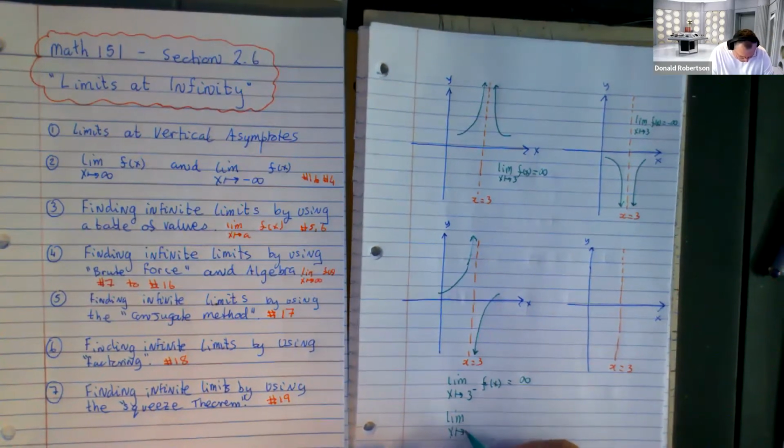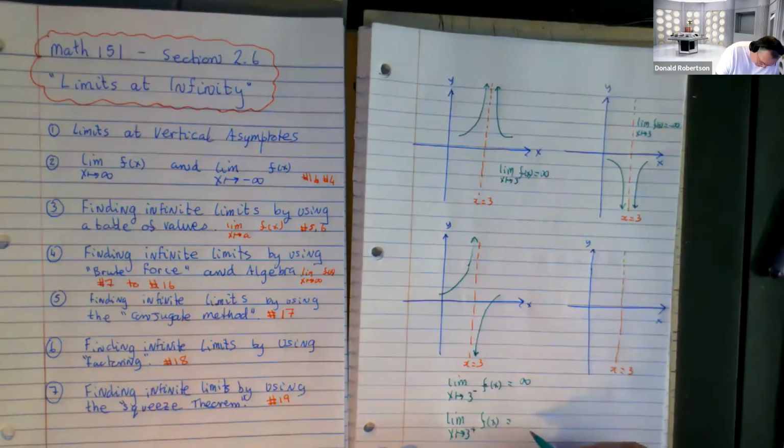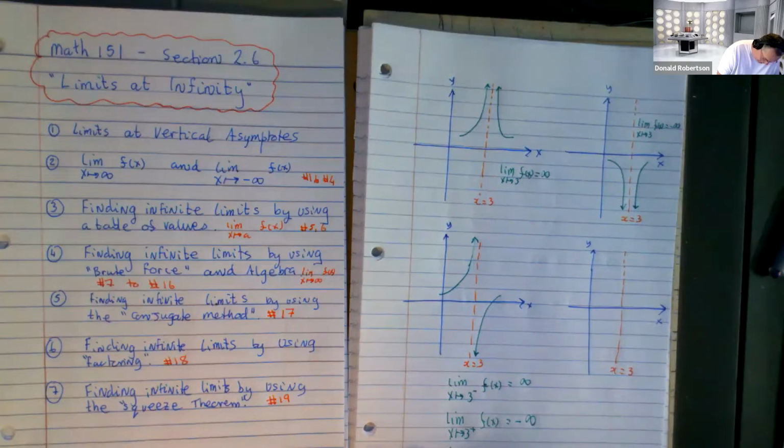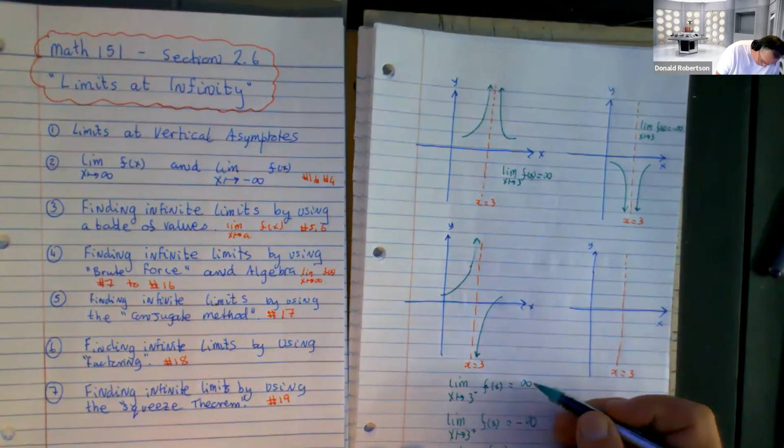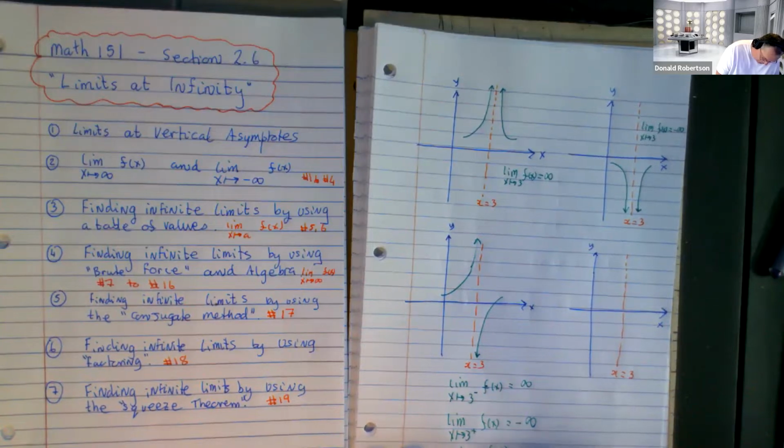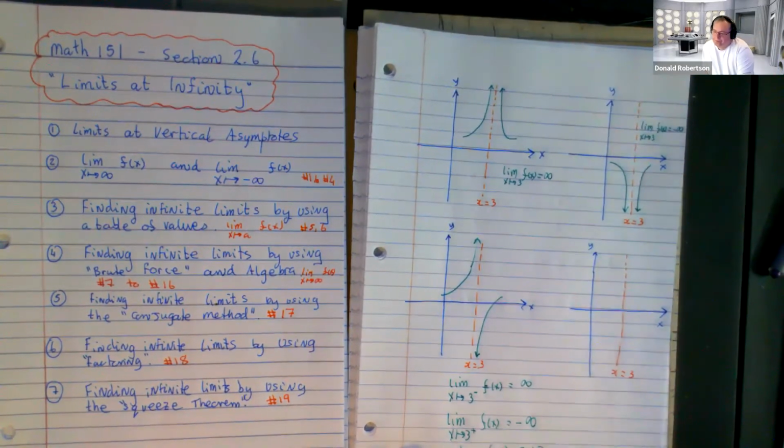Well, as you come in from the right-hand side, don't you zoom down the way? So negative infinity. Now, hopefully we've done enough limit work to realize that in a situation where there's a left limit and a right limit, but they don't agree, doesn't that mean that the overall limit does not exist?